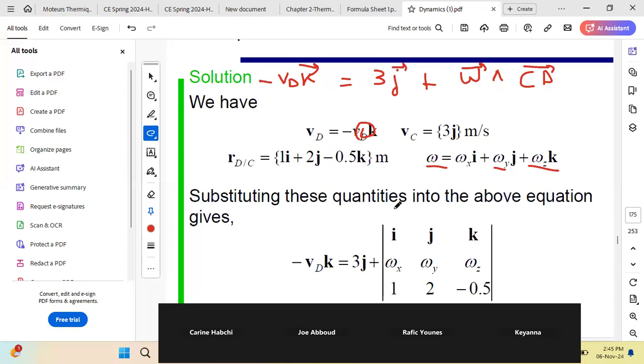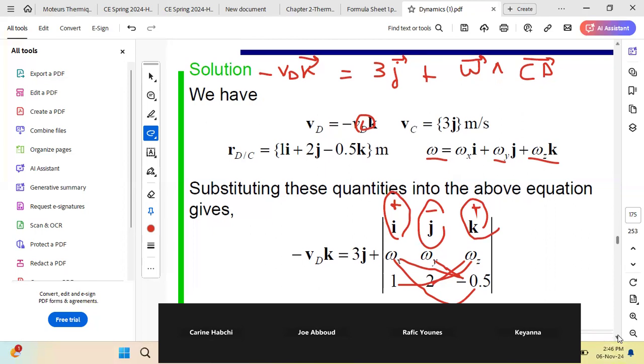So I just have to put plus, minus, plus. So I have plus i times (minus 0.5 omega y minus 2 omega z) minus j times (minus 0.5 omega x minus omega z) and finally plus k times (2 omega x minus omega y).